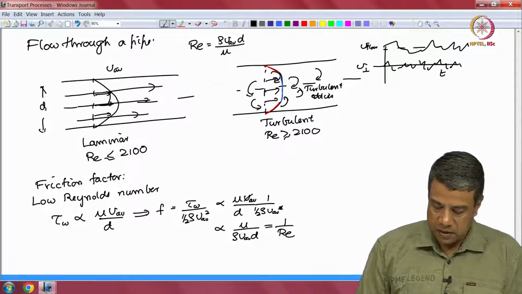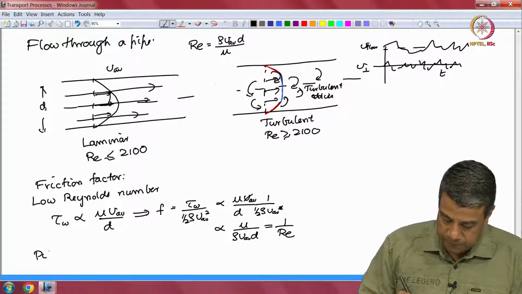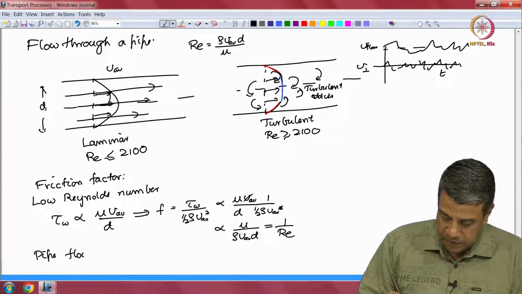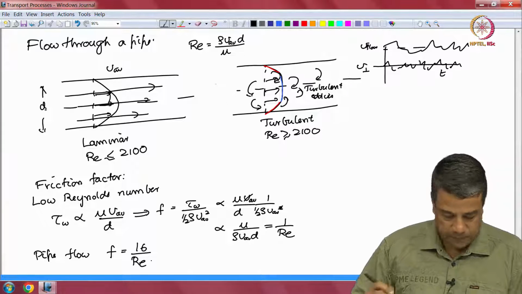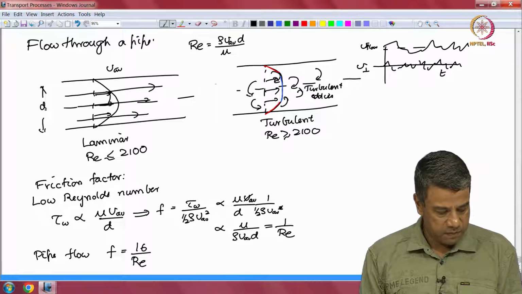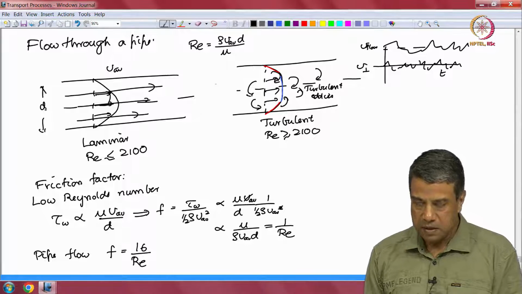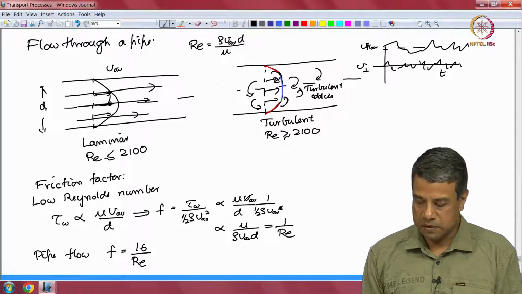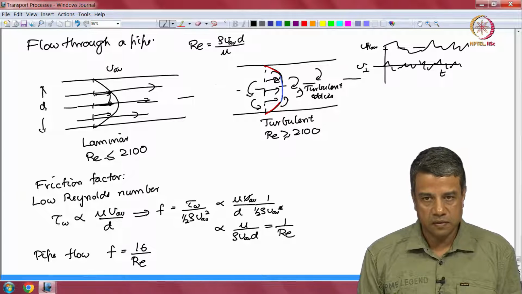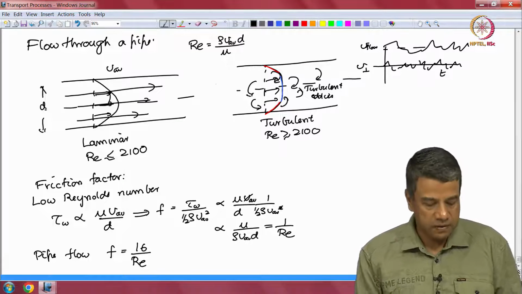We will see later that for a pipe flow, the friction factor is equal to 16 by the Reynolds number. And it turns out that for a channel flow it is equal to 12 divided by Reynolds number. So, in the limit of low Reynolds number, the friction factor has a unique value.